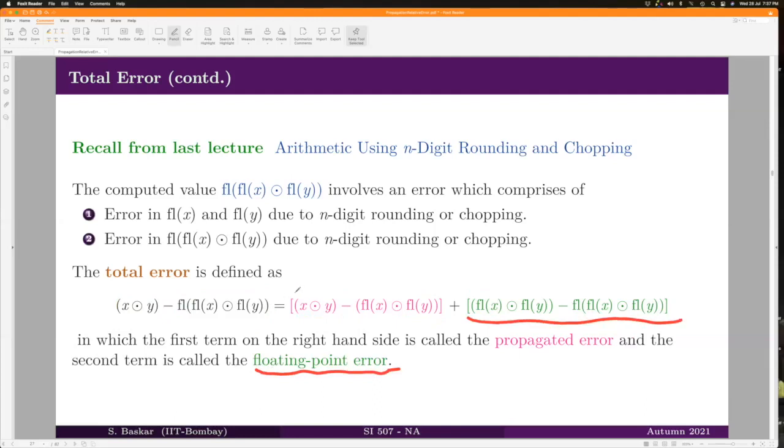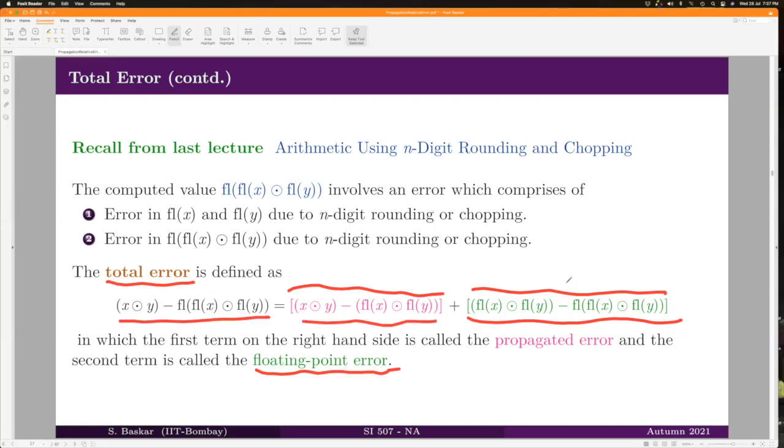The sum of the propagated error and the floating point error is what is called the total error. Therefore, in this chapter, if I ask you to calculate total error, you have to find this. In particular, if I ask you to find the propagated error and the floating point error, then you have to use this formula and this formula.